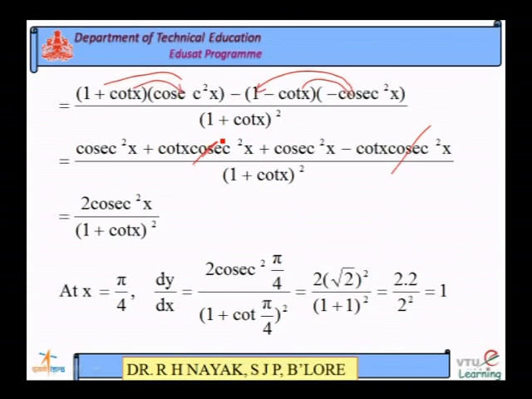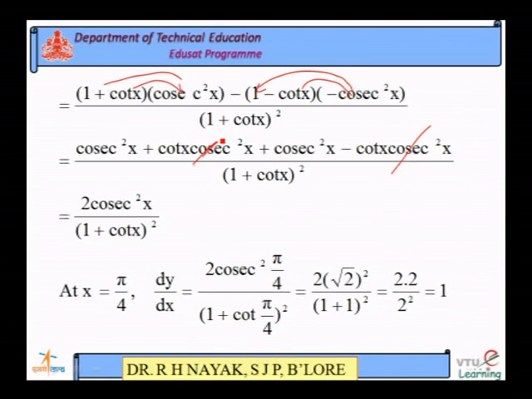Here what they have asked, we have to find out dy by dx at x is equal to pi by 4. That means what? Wherever we have x, there we have to substitute pi by 4, right. 2 cosecant square x, I have written in place of x pi by 4, 1 plus cot pi by 4, as we know that cosecant pi by 4 is 45, cosecant 45 is root 2, cosecant 45 is root 2 whole square, 1 plus cot 45, cot 45 is what?